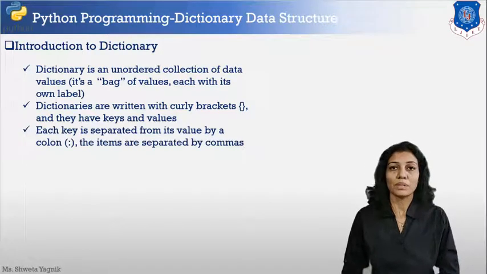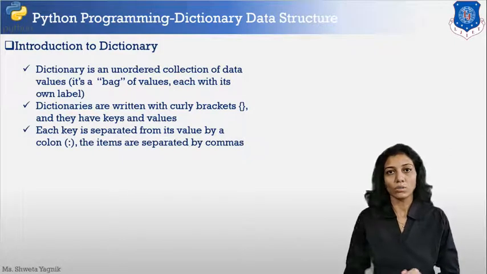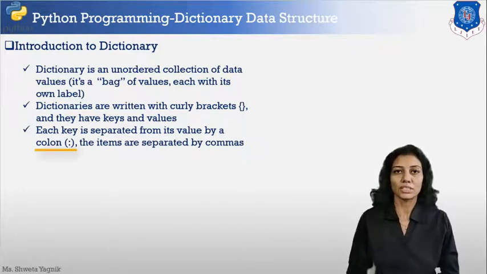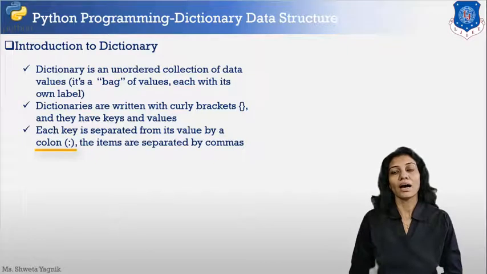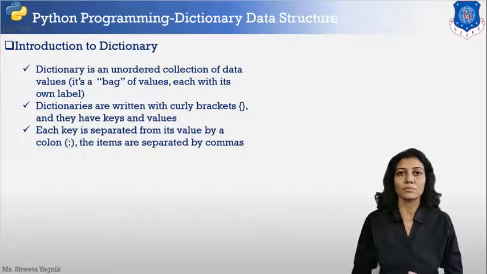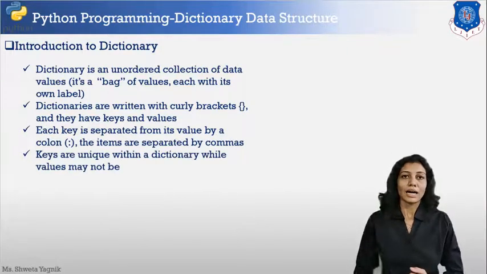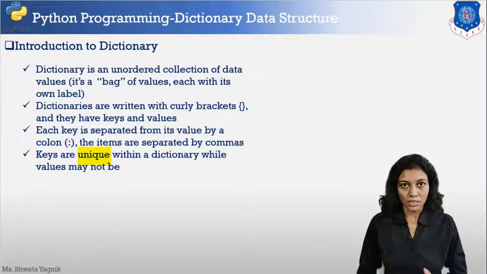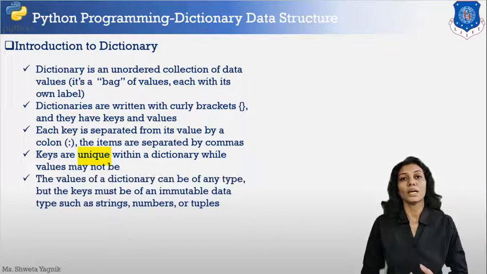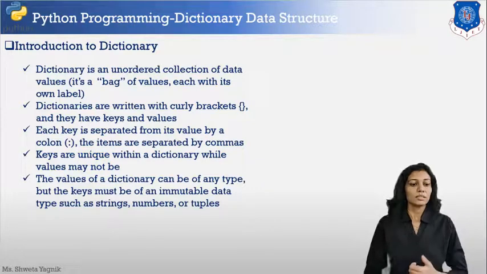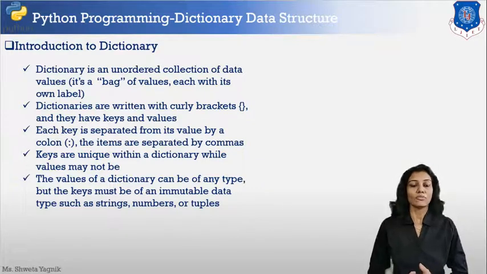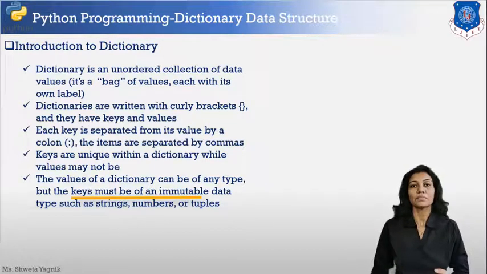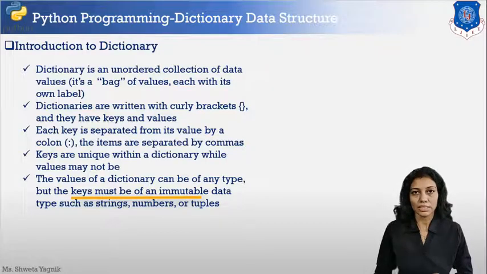Each key is separated from its value by colon, and each item of a dictionary, that is key value pair, is separated from the others by comma. Keys are unique within dictionary, while values may get repeated. The values of a dictionary can be of any type, but the key must be of immutable data type.